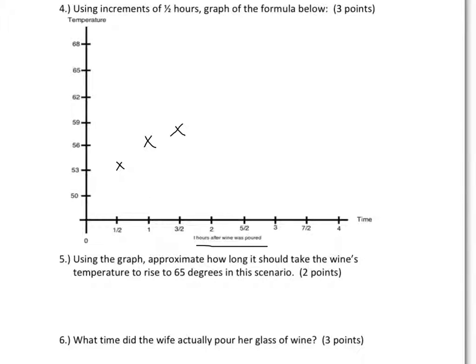And then I kept going, and then I got 60.38, 62.14, 63.65, and 64.95, and 4 was about 67, or 66, so about here.